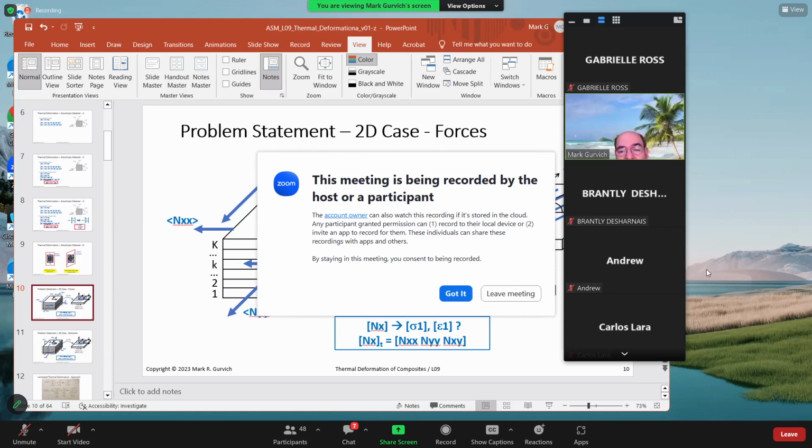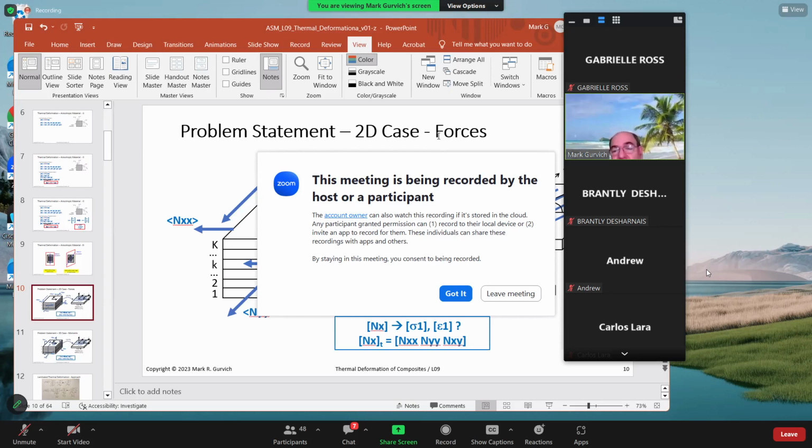Each layer, shown at the right, could have a different orientation defined by angle theta sub k, a different thickness h sub k, and also a different stiffness. So this package is defined here.